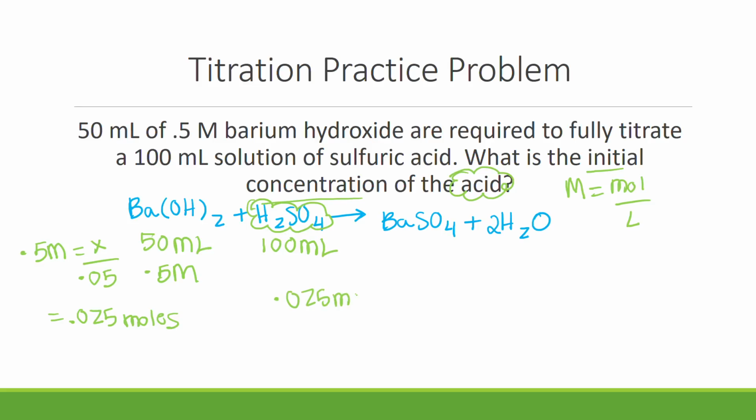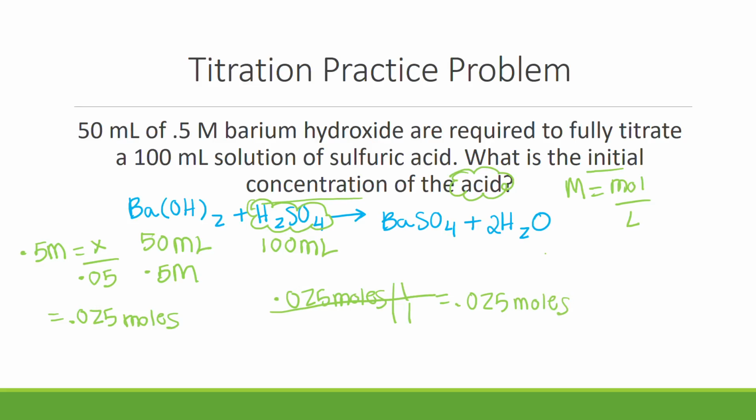There's 1 mole for 1 mole, so because it's the same ratio, it's 1 mole of barium hydroxide for every 1 mole of sulfuric acid. So there is going to be 0.025 moles of sulfuric acid.